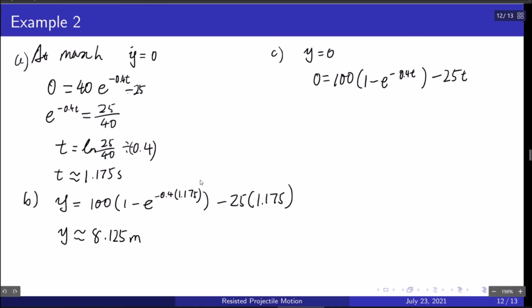As I mentioned earlier, you can't really solve this equation, so we have to use some other approaches.